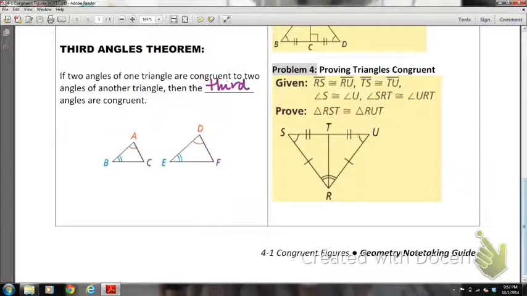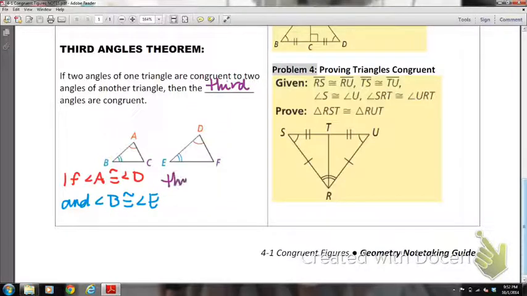So in this particular example, we have if angle A is congruent to angle D, and angle B is congruent to angle E. Notice the congruence markings in the diagrams indicate that those angles are congruent. Then you can state that angle C is congruent to angle F.